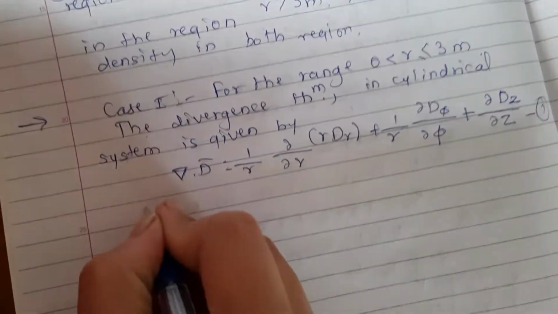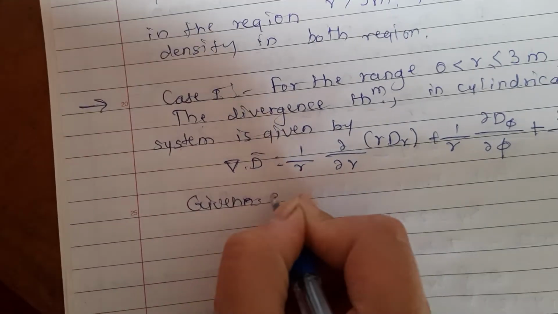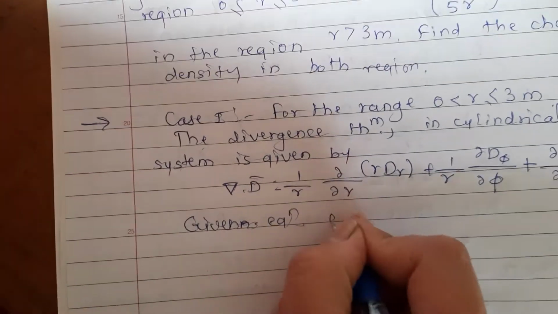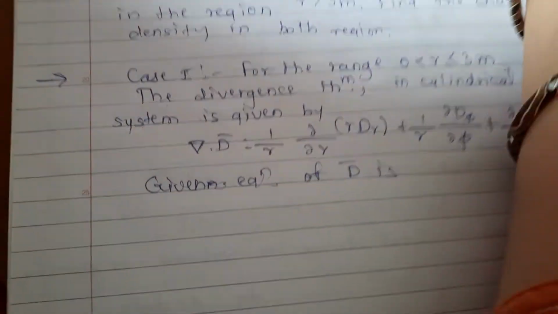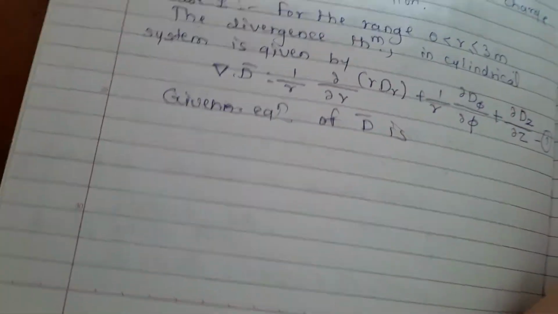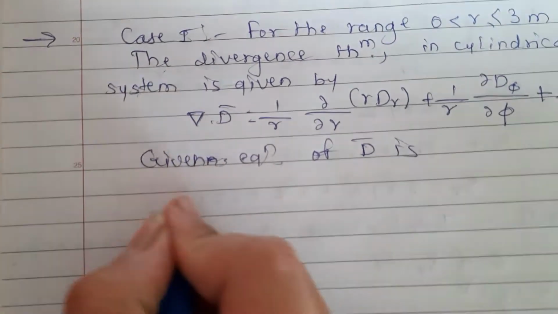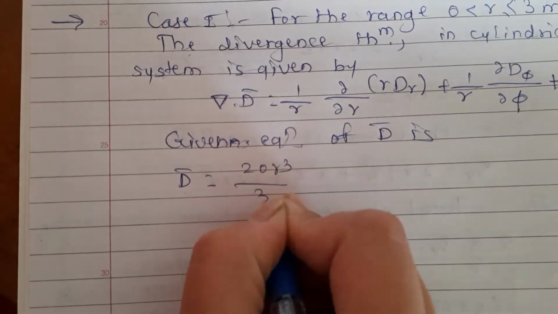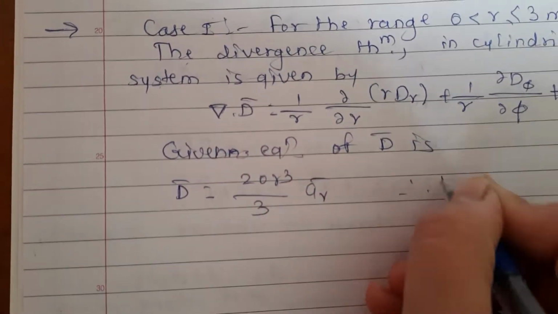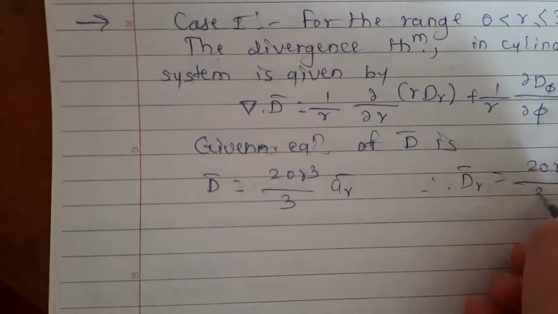So now what is given? Given equation of D bar is D bar is equal to 20 r cube by 3 ar bar. So Dr is equal to 20 r cube by 3.